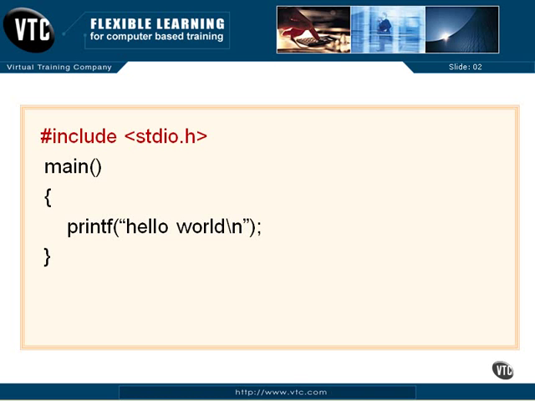The very first line there is a pound include. That pound hash mark in the first column there is a preprocessor directive. That's what we call that.